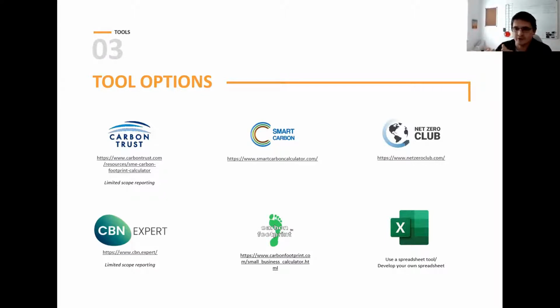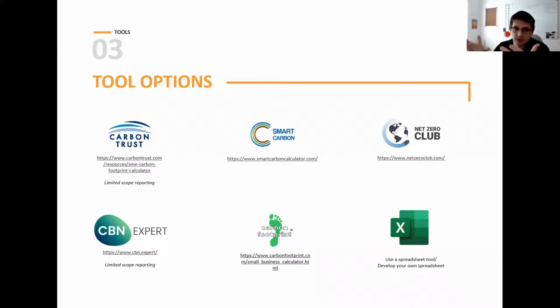In everything other than the Carbon Trust situation, there is a monthly, quarterly, or annual license fee for Smart Carbon, Net Zero Club, Carbon Expert, and carbonfootprint.com. Although at the very small end of your micro level, you may find there's a free level of access on some of those. The Carbon Trust tool is free, so it's potentially a good place to start.